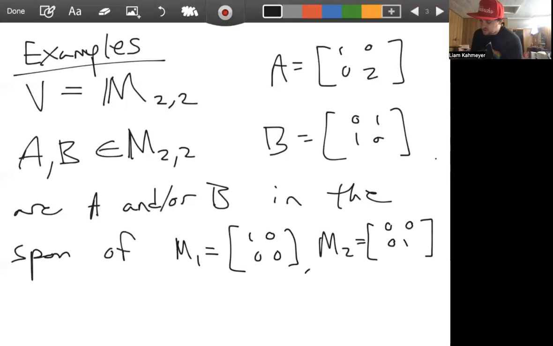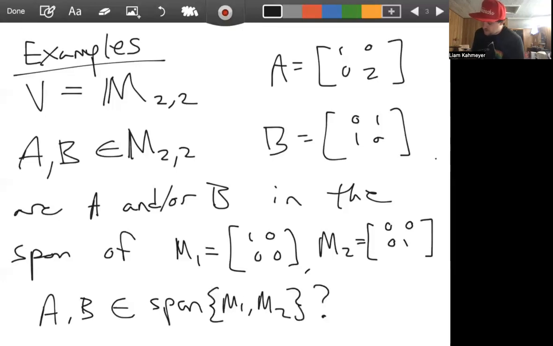And so the question is, are A, B an element of the span of M1, M2? That's what we're asking here. Well, what does it mean to be in the span of a collection of elements of a vector space? It means we can find constants such that A or B can be written as a linear combination of M1 and M2. So let's start with A, right?